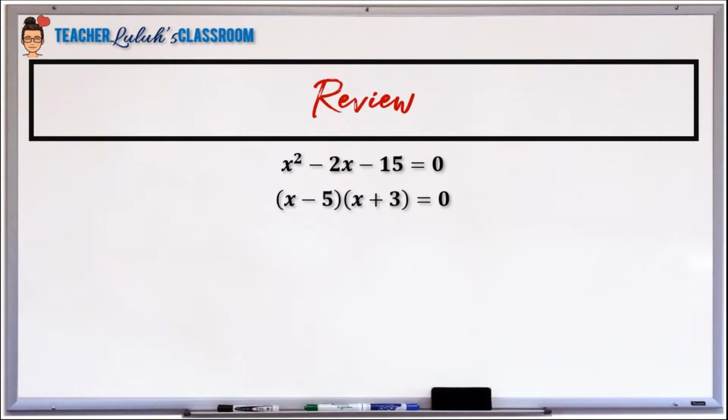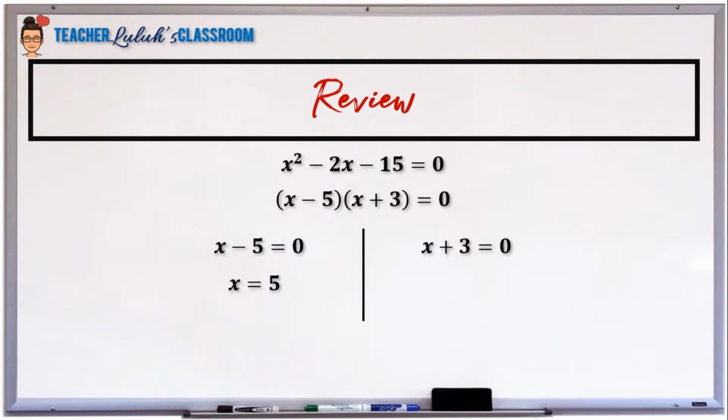Using the zero product property, we will have x minus 5 equals 0 and x plus 3 equals 0. Solving for x, we have x equals 5 and x equals negative 3. Therefore, the roots of x squared minus 2x minus 15 equals 0 are 5 and negative 3.